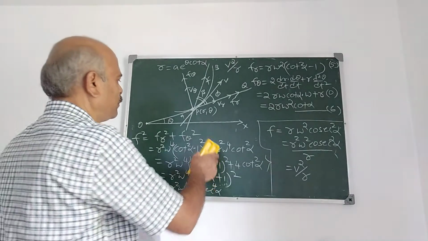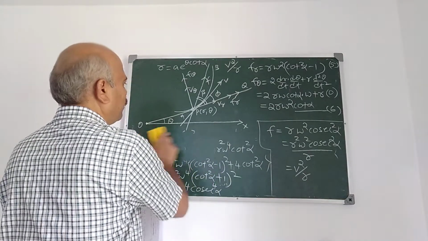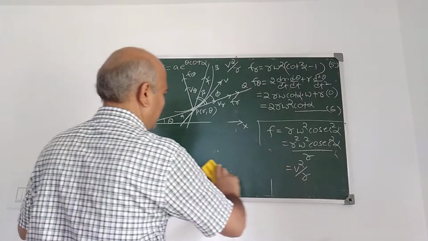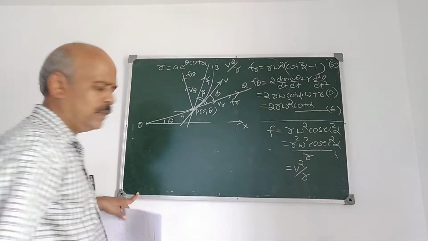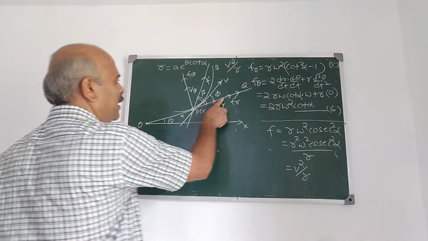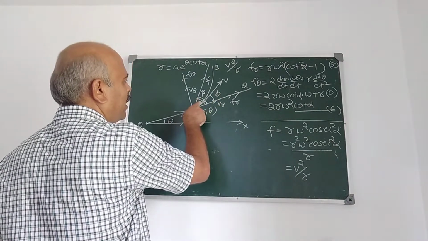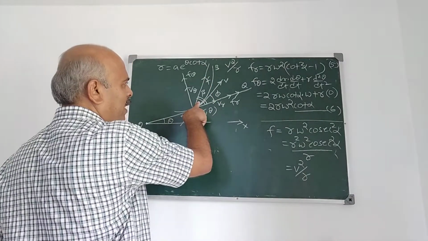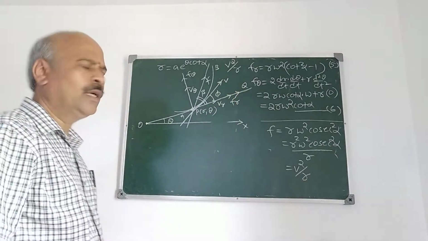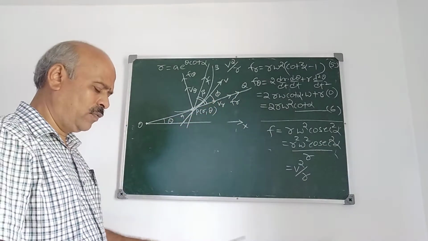What is that? Prove that the resultant acceleration makes an angle 2 alpha with the radius vector. Here I have taken beta. The resultant acceleration makes an angle beta with the radius vector. Prove that beta is equal to 2 alpha.